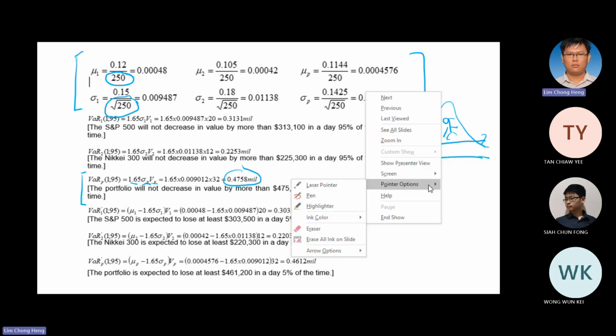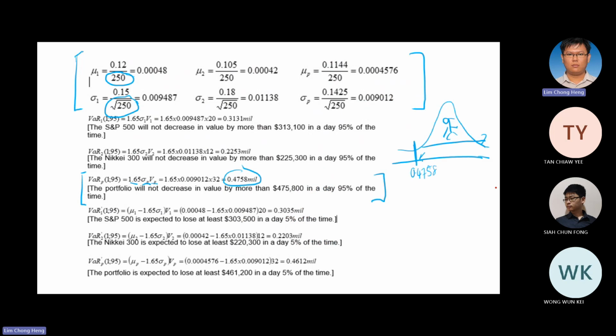And then you also can interpret based on this 5% here. At 5% here, this figure is what you will lose. And how many percent confident do you have? 5% of time.